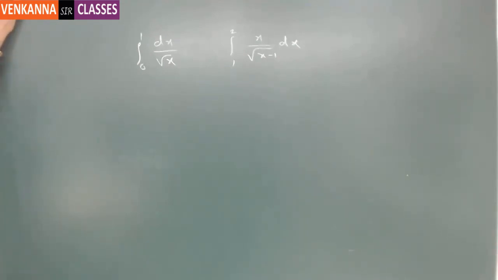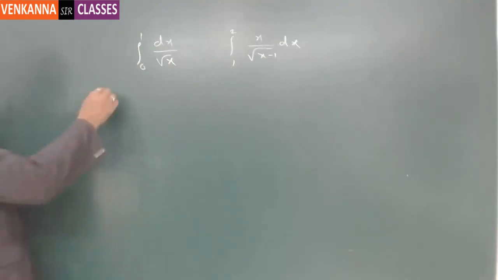So if you observe here, 0 is the point of discontinuity for the function 1 by root x. Accepted? All of you? Because 1 by root 0 is undefined.